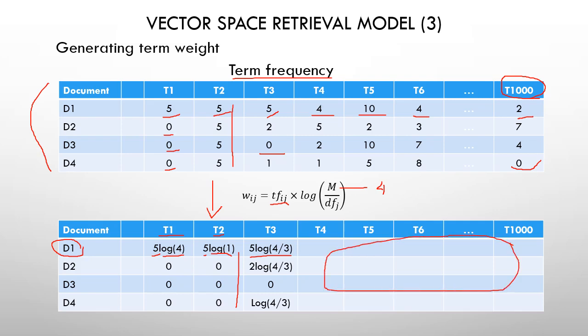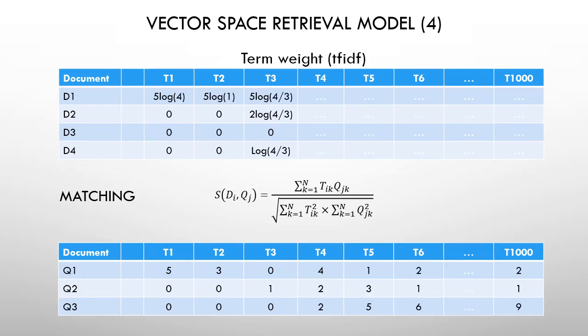So you can fill up this table. For document number 2 it is the same way. Okay, so based on what we have done before, we have the term weights like this one. So this is the vector space model of our documents in our system.